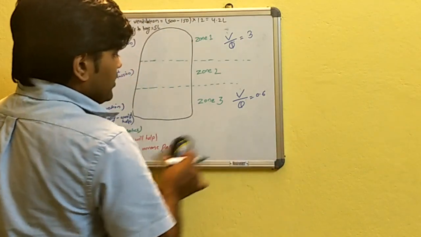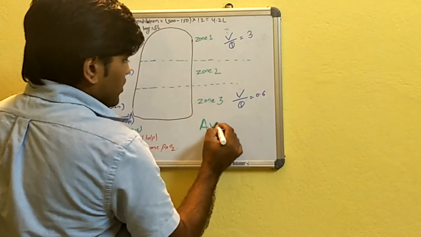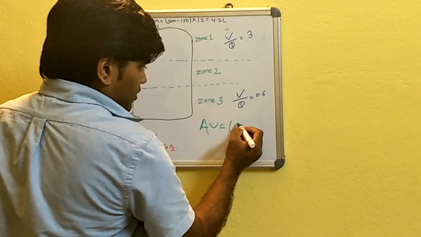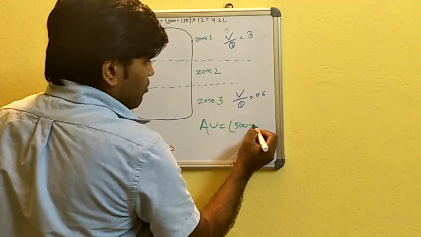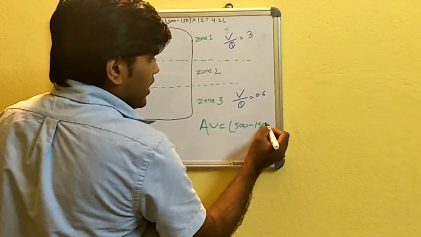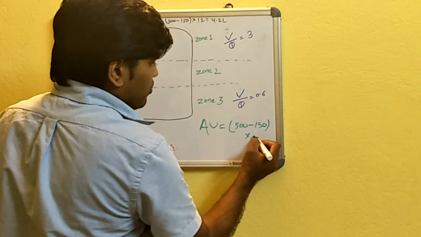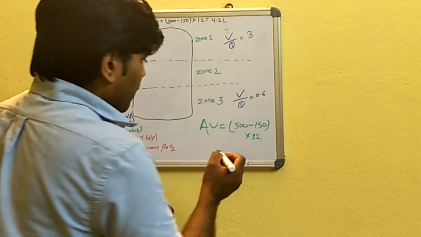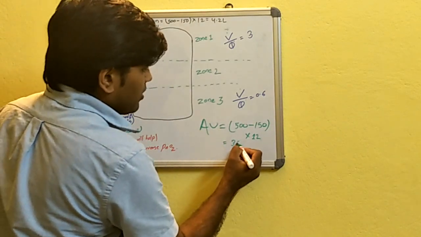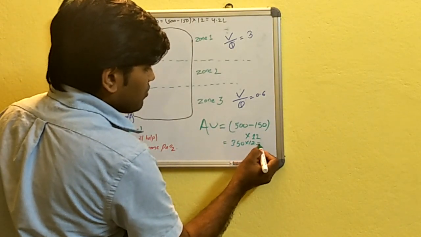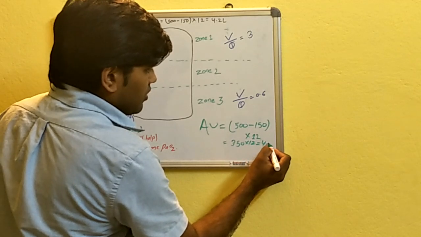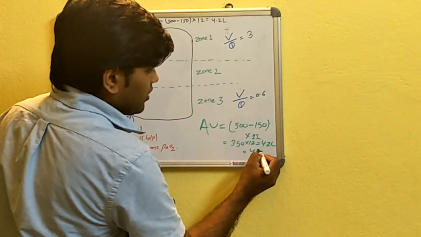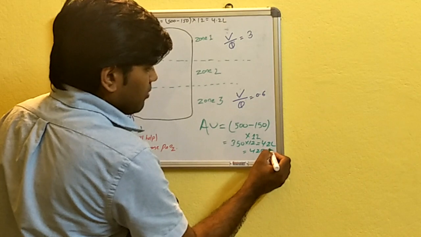So alveolar ventilation is equal to 500, the tidal volume, minus 150, the dead space, times the respiratory rate per minute, which is 12. So it is 350 times 12, which is 4.2 liters, that is 4200 ml.